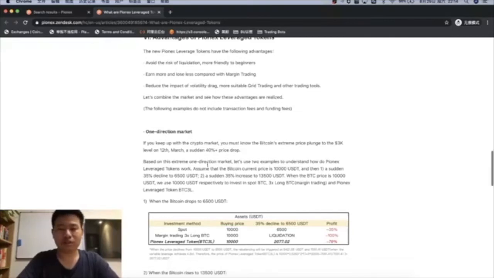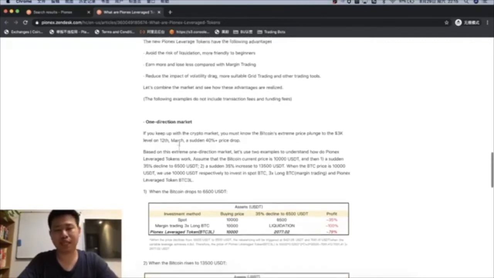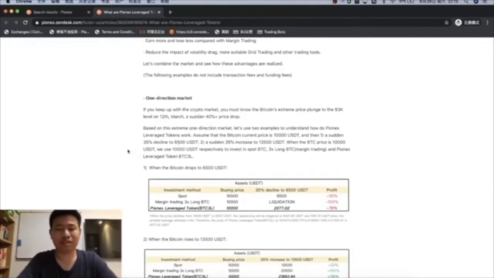So for example, the Link 3L or Band 3L tokens have both gone to $21 each. So the peak price is $21. That means if you bought one at the very beginning when we published that leverage token, you have made 21 times your money. So that is just good.